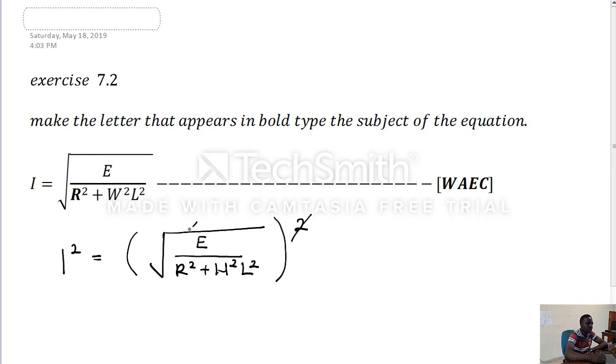So this square root will cancel this square, leaving us with I squared is equal to E divided by R squared plus W squared L squared.